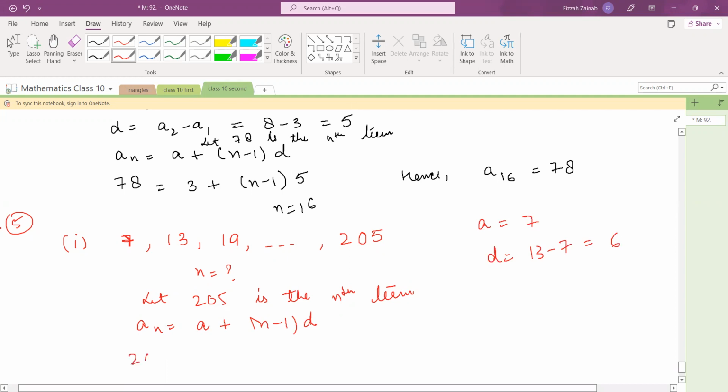So a is 7 plus n minus 1 into d, which is 6. Now solve it and find n. So that will give you the number of terms. Okay, no need of the last formula here.